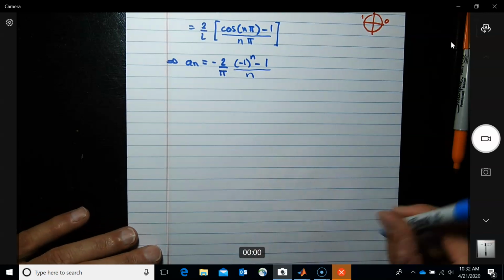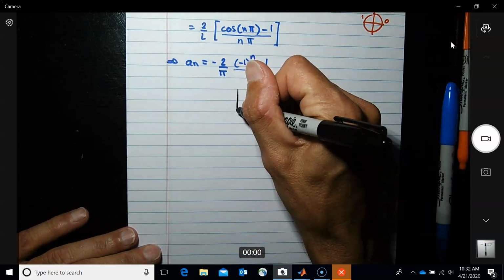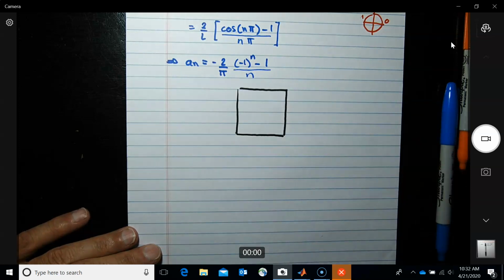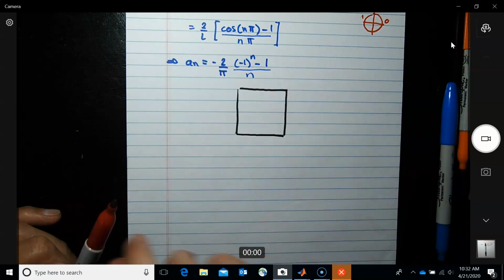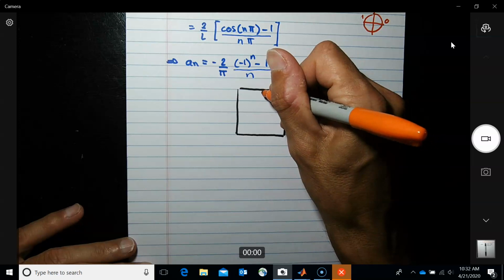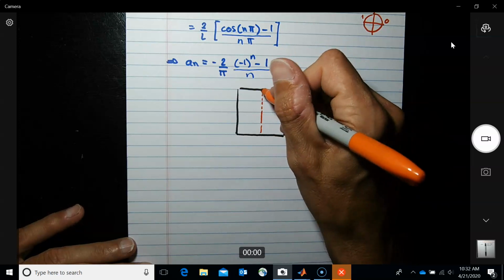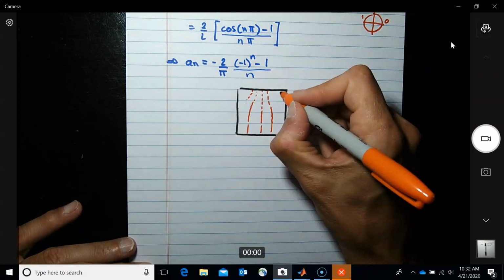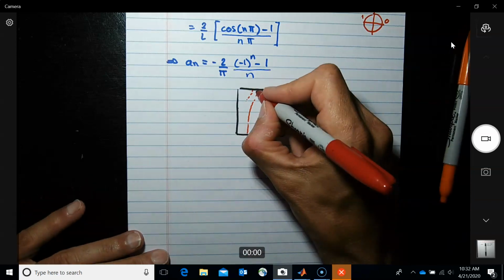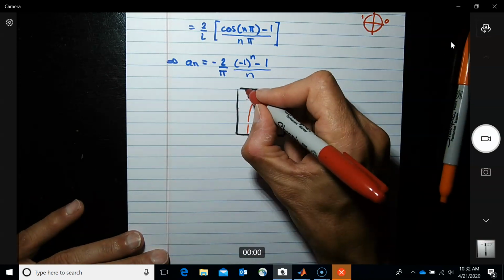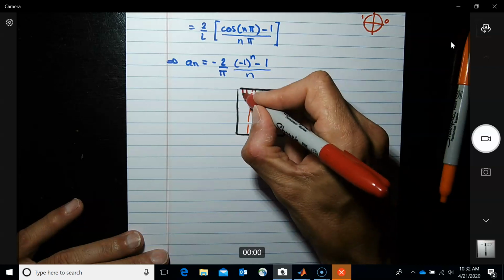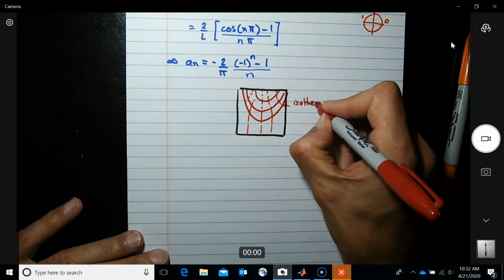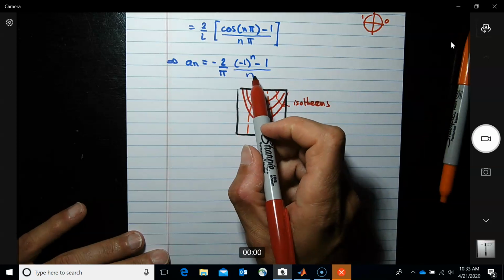And if you do the plot of this, so this is your plate, let me put the center here. These lines are not that important, I'm just doing them to help me show, but basically you have isotherms that will be lines going like this, corresponding to different values of n.